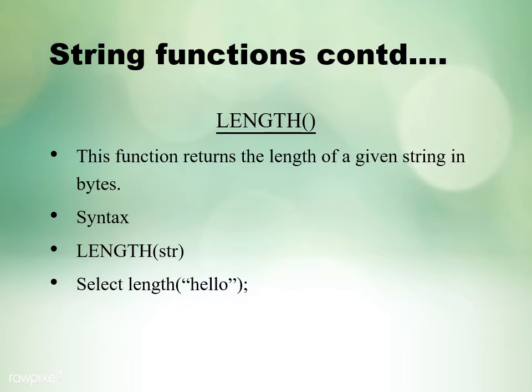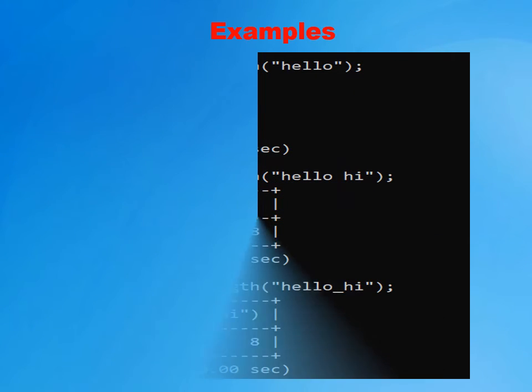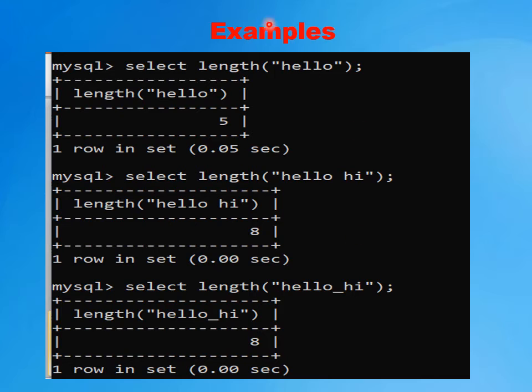That is the length of hello. Some examples here: hello will display 5. For hello space hi, here 5, then the blank space 6, then 7, then 8, so the output will be 8: 1, 2, 3, 4, 5, 6, 7, 8. This means underscore and space are also counted as characters.